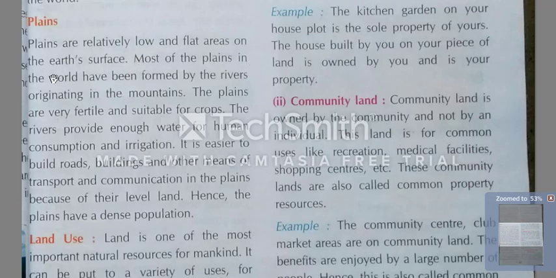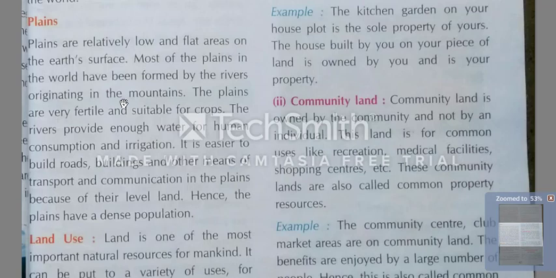Most of the plains in the world have been formed by the rivers originating in the mountains. Rivers which originated in mountains. The snow which is frozen on the mountains starts melting. When that snow starts melting, the rivers flow over the land. Clear?